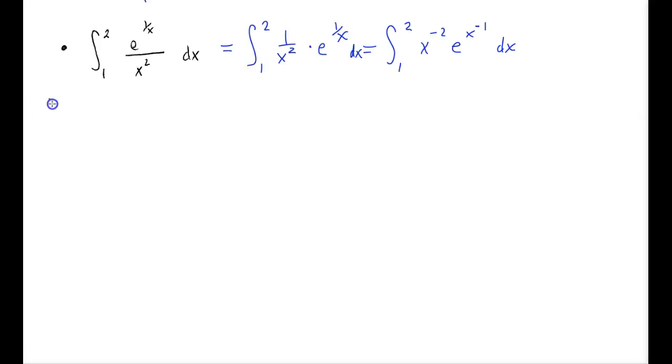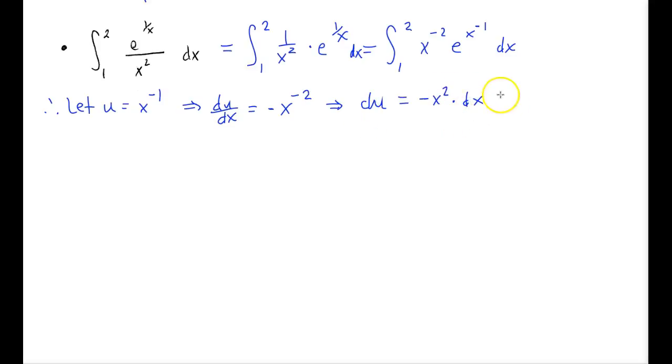So now we're going to say let u equal x raised to the -1, which implies that du over dx is negative x raised to the -2. And thus, we know that du will be equal to negative x to the -2 times dx.